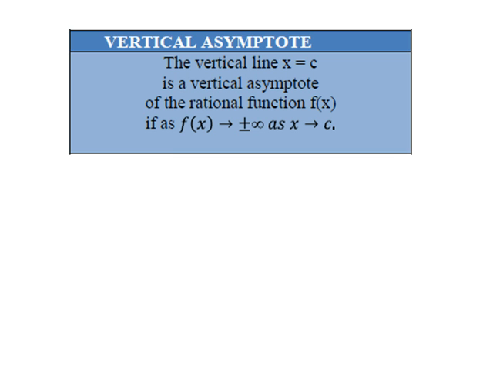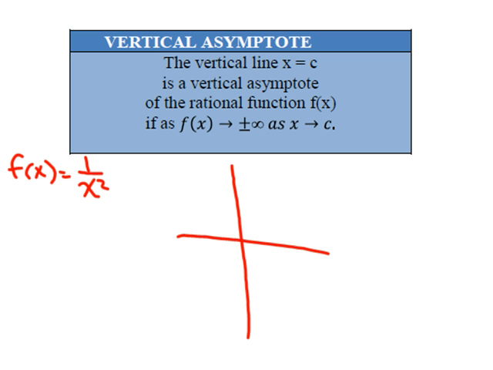To see this in a function, let's look at the parent function f of x equals 1 over x squared. If we do a quick sketch of the graph of this function, we can see our vertical asymptote here at x equals 0.